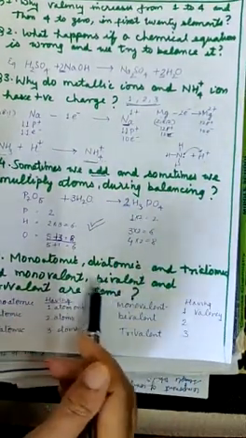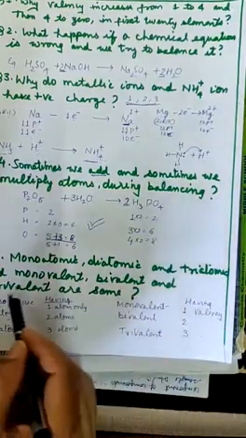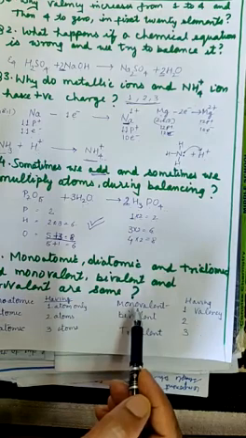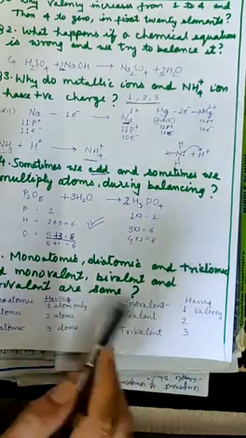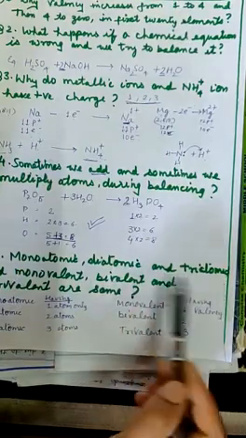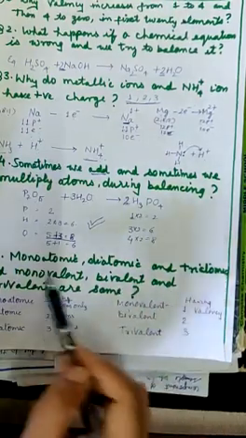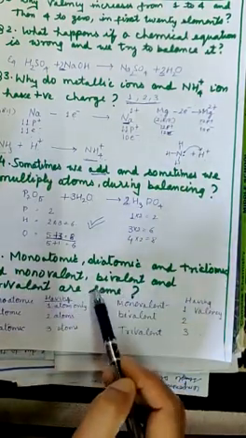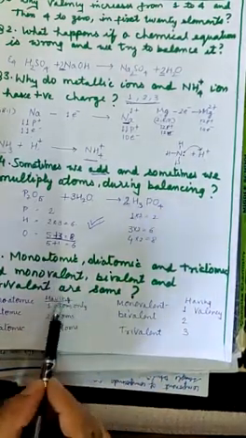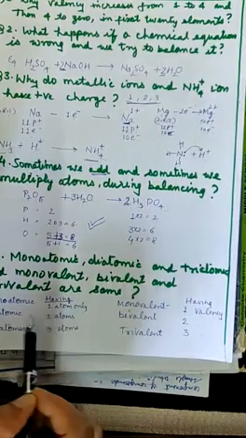Are monoatomic, diatomic and triatomic and monovalent, bivalent and trivalent the same? No. The only similarity is that mono means 1, di means 2 and tri means 3 in all these examples. But as the term says, monoatomic means having one atom only.